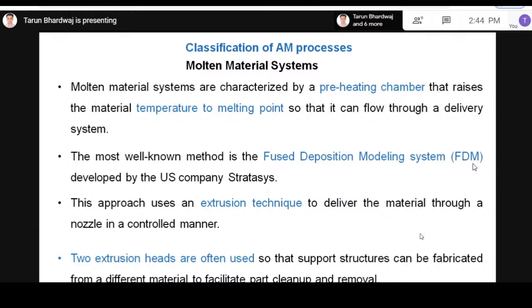If we have a polymer like PLA, polylactic acid, and want to give some support structure, we can differentiate by colors: white for the PLA and red for the support structures. So we have two nozzles, and for that we require two extrusion heads.